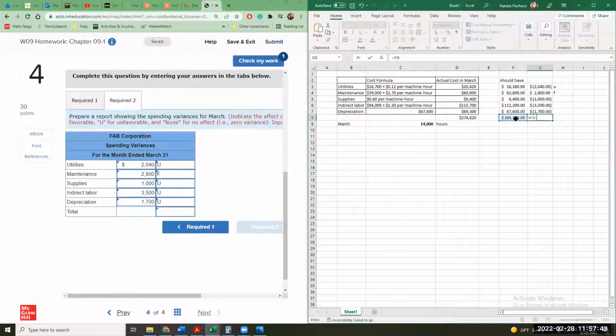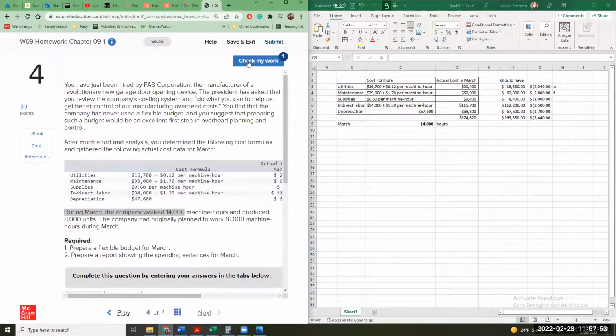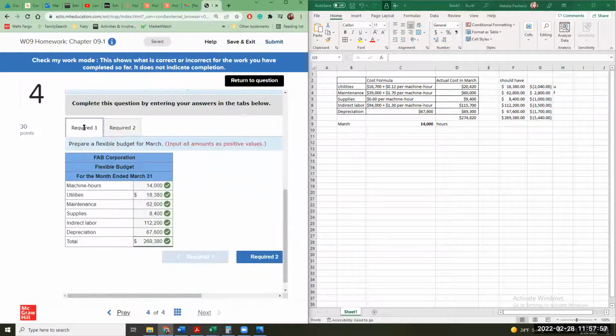Well, the should have minus the actual. So there was a total of 5,440 unfavorable. And that's it. Let's do check my work. Yep, and it's correct. Okay, guys, that's it.